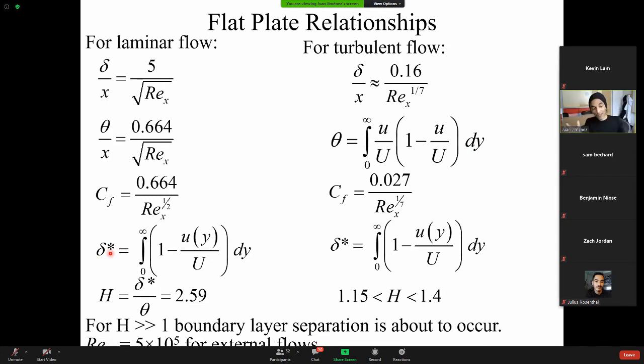That was with the conservation of mass. Then we went to the momentum thickness and asked, what is this momentum deficit that is forming due to the presence of the boundary layer?